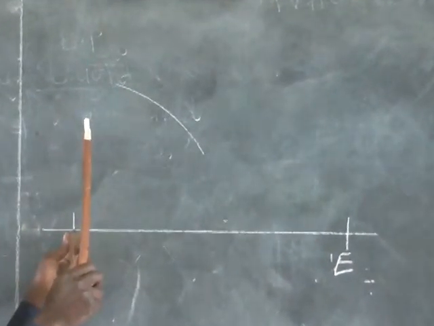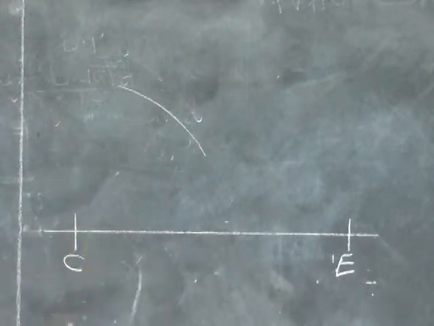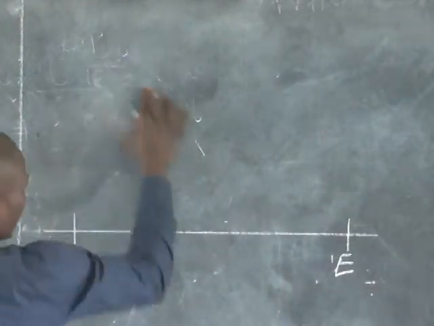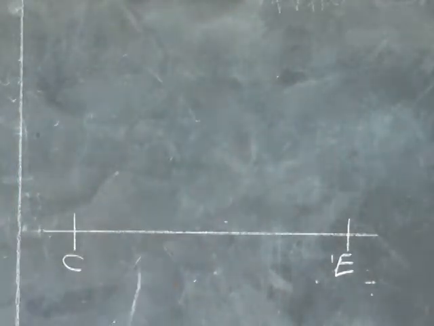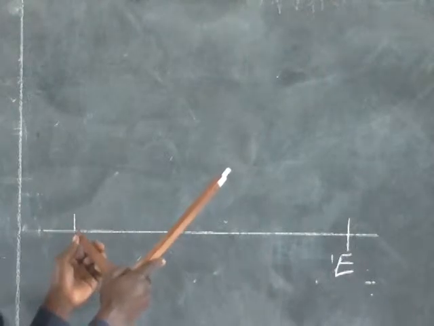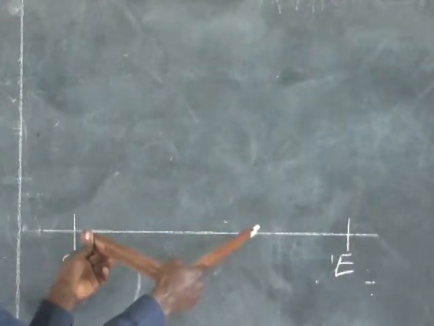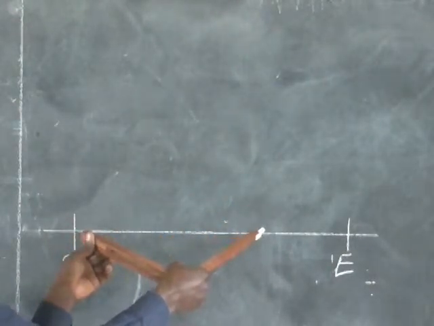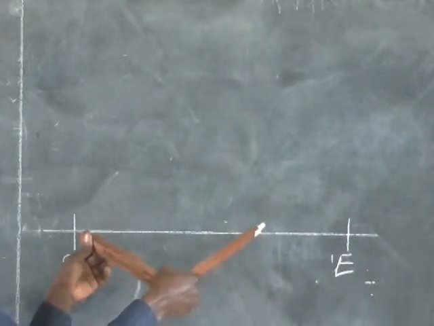Are we together? You can even widen it more so that we have something clear. You can widen it even more than half of our line. Can you see? Half of our line.